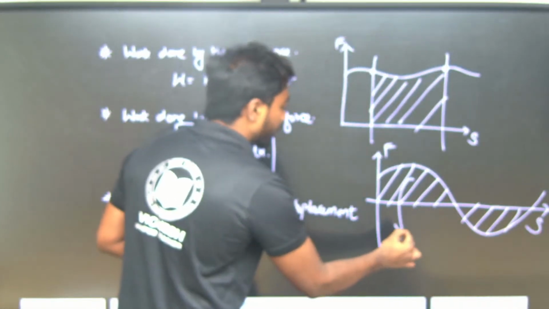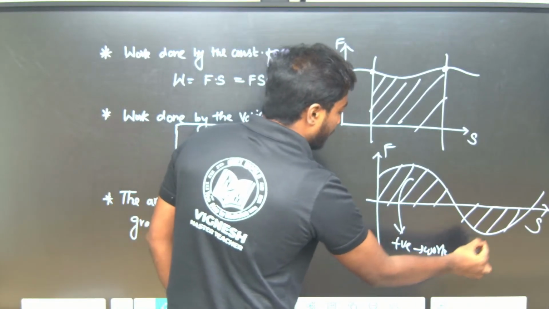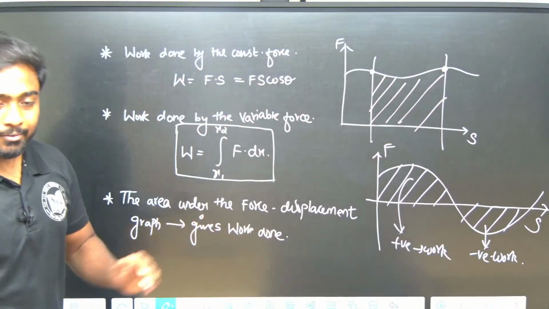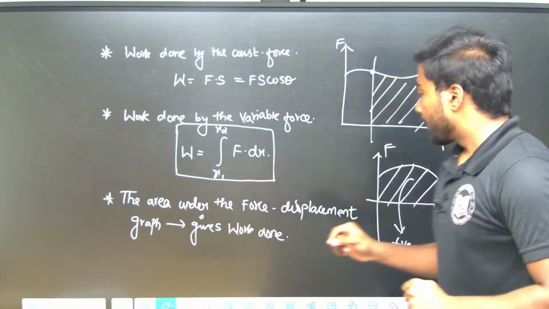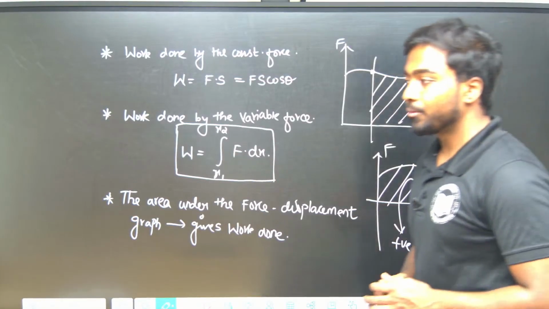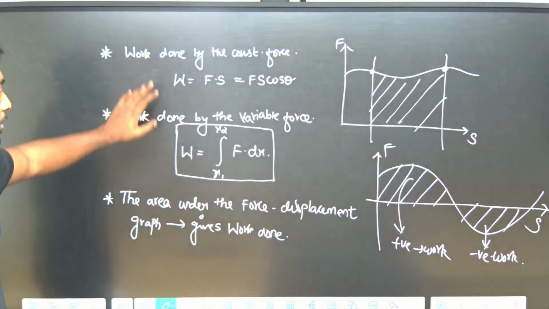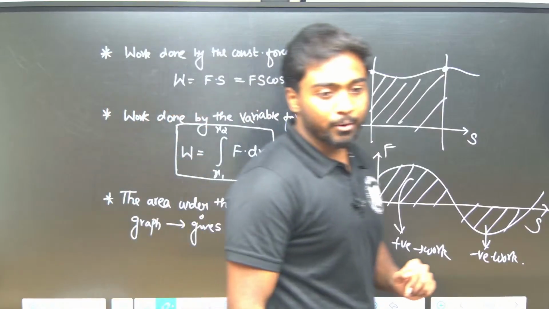This one will give positive work and this one will give negative work. So the area under the curve gives the work done, but there is a small trick. Above the axis gives positive work and below gives negative work. These are the conditions for work done: one is constant, one is variable, and the area under the force displacement graph. You can take a note of this.